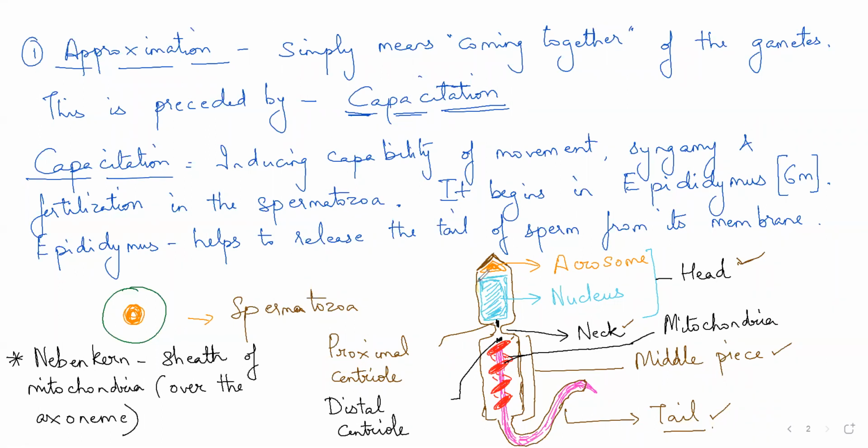There's one more thing. In this region of the head, there's a very small amount of cytoplasm which surrounds the nucleus. This small amount of cytoplasm is known as manchette, M-A-N-C-H-E-T-T-E.